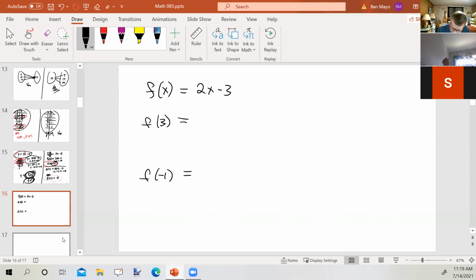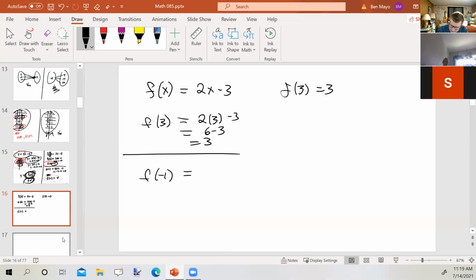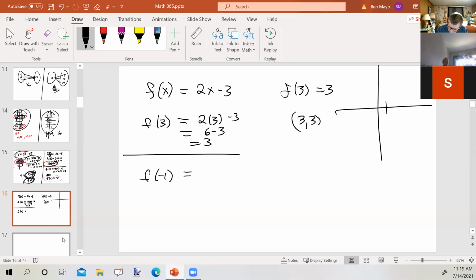Okay, so f of 3 would be 2 times 3 minus 3, which is 6 minus 3, or 3. So f of 3 equals 3. That is function notation for the ordered pair 3, 3, which on a graph would be this point right there.